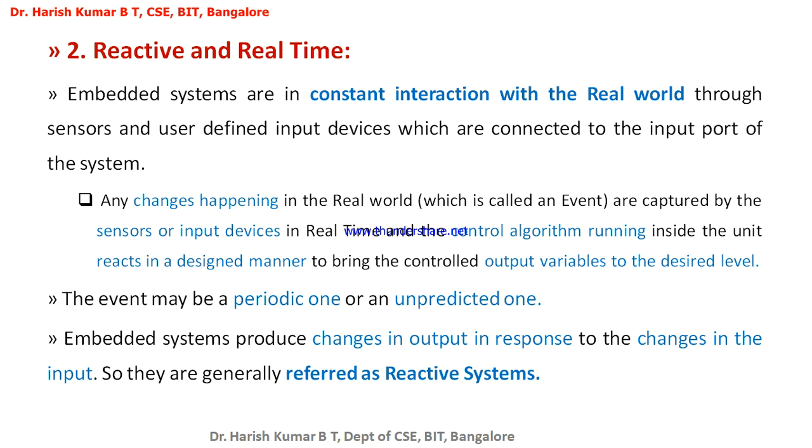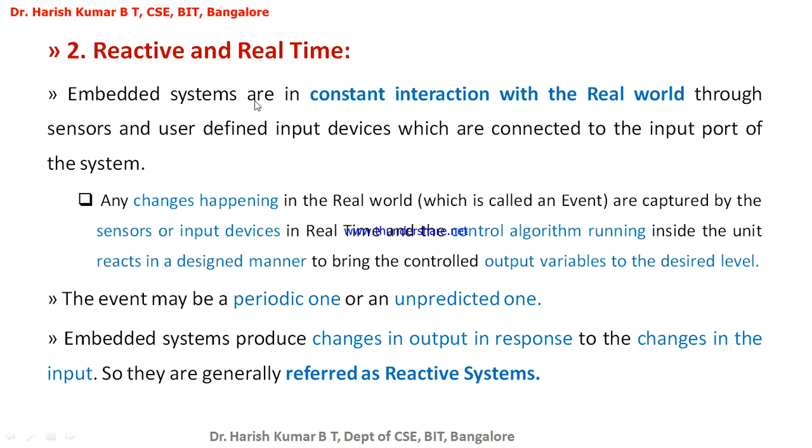And the controlling algorithm, using the data that is given by the sensors, will react accordingly, and then control the output variables which are connected to the actuators. And you have some action being done by the actuators. And this is why they are called reactive systems, because the embedded systems are capable of reacting based on the inputs that are sensed by the sensors. So hence they are called reactive systems.